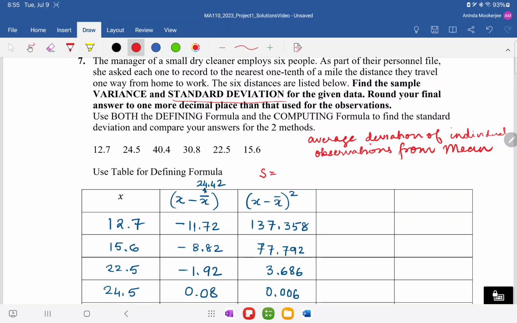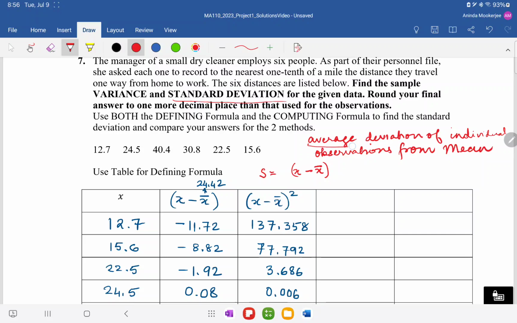How do you find that out? By finding the difference of each individual value from the mean. So it's going to be x minus x bar that we have to first calculate, which gives us the individual deviation from the mean.